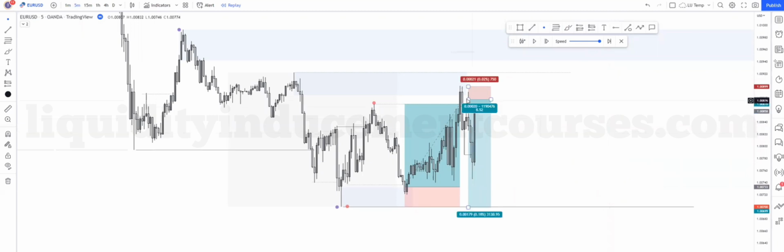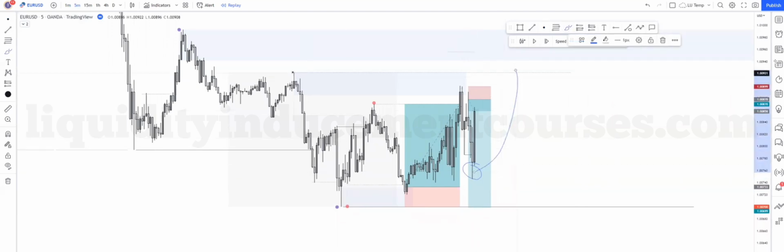If I'm expecting this low right here to go higher to take out this high, then this would have been my long. If I'm expecting bearish and this high to hold to take out this low, then this would be my new short to take all this out.